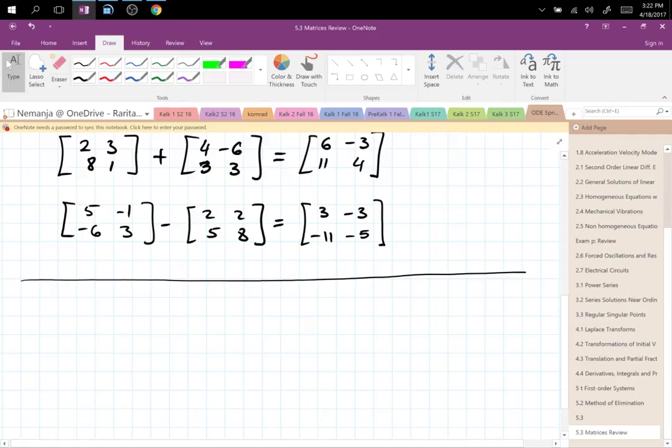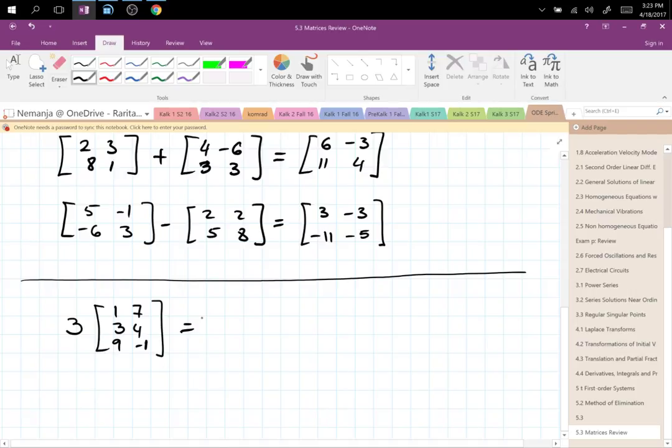But multiplication is a little bit trickier because for multiplication we have to have a certain rule to hold in order for us to be able to multiply matrices. First of all, we have a scalar multiplication. So if you have, let's say, 3 times the matrix 1, 7, 3, 4, 9, and negative 1, whatever, you will just distribute. So this matrix has 3 rows and 2 columns.